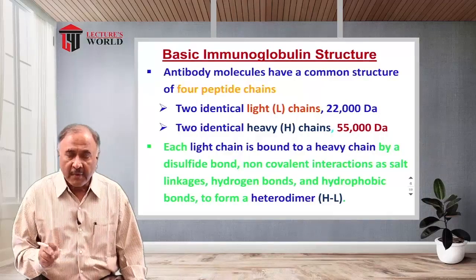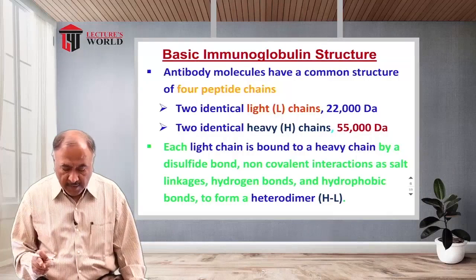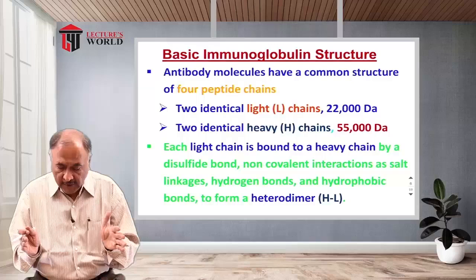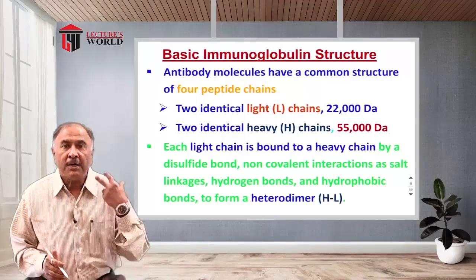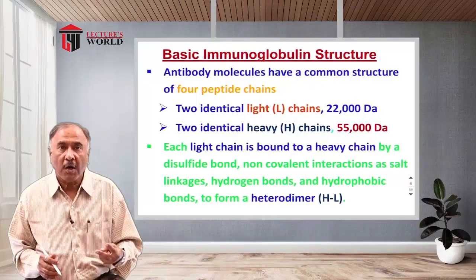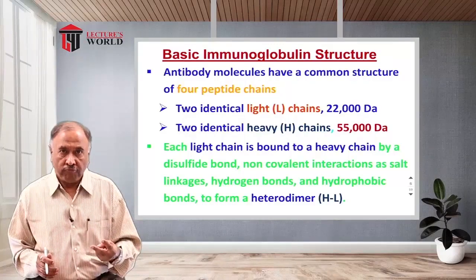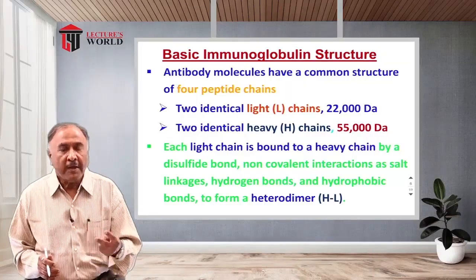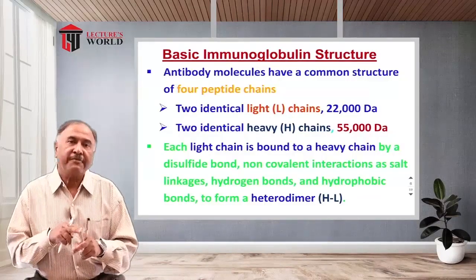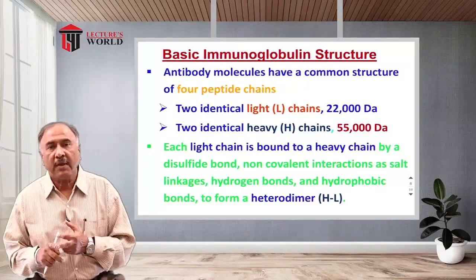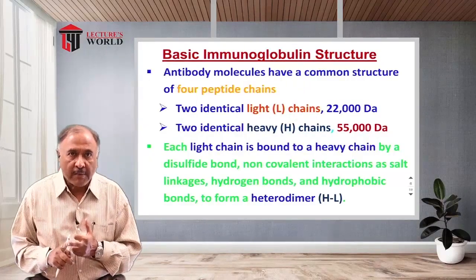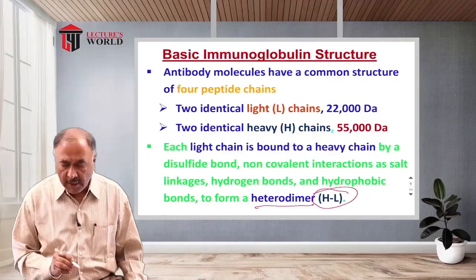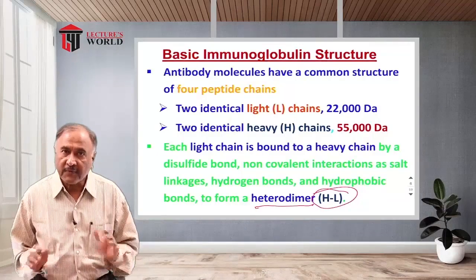Apart from disulfide bonds, non-covalent interactions such as salt linkages, hydrogen bonds and hydrophobic bonds will bind light and heavy chain together, and they will form a heterodimer. Dimer means two chains together, and hetero means these two chains are different. One is light and the other one is heavy. So this heterodimer is known as an HL heterodimer. I hope this is clear.